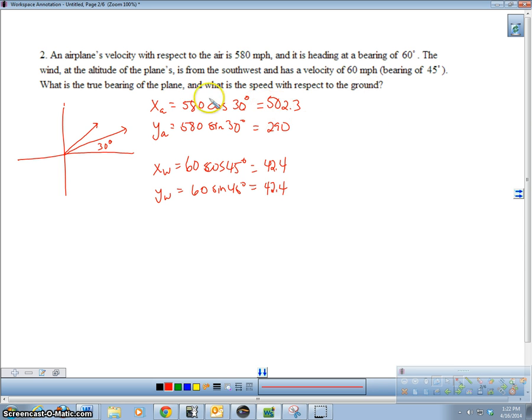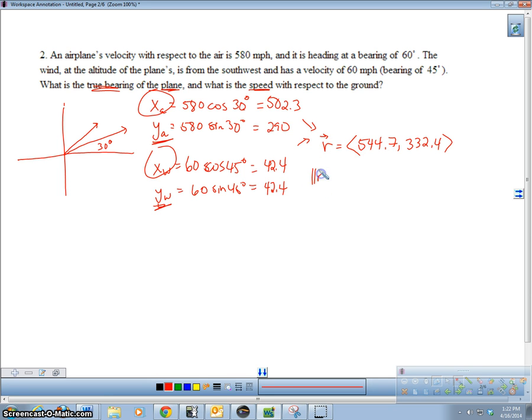Then I'm going to add the x's together and add the y's together and put them together to give me my resultant, which in this case is going to be the true bearing and the true speed of the plane. I add 502.3 and 42.4 and get 544.7, and add 290 and 42.4 and get 332.4. So now I have my resultant in standard form.